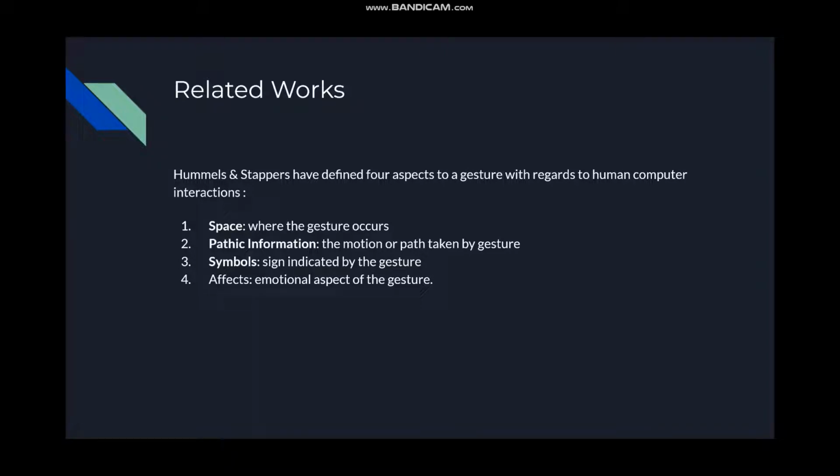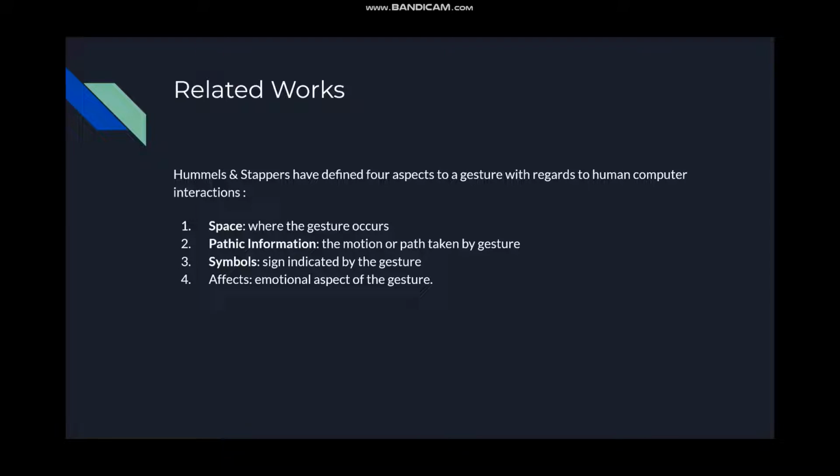Hummels and Stapper specifically have defined 4 aspects to a gesture with regards to human-computer interactions, and they are especially applicable to my project at hand, so I define them here. The first one is space, or where the gesture occurs. The second is pathic information, or the motion or path taken by a gesture. 3 is symbols, or the sign indicated by the gesture, or what the gesture symbolizes.